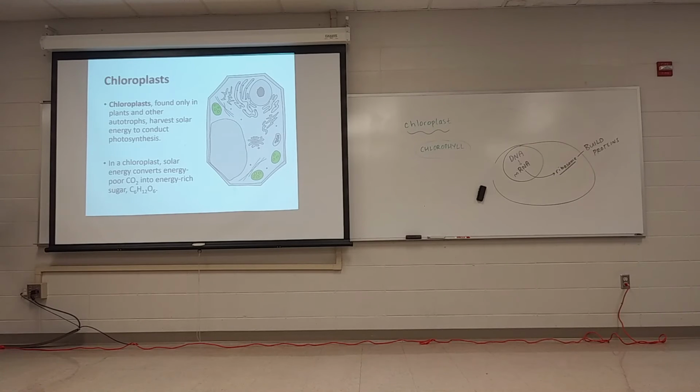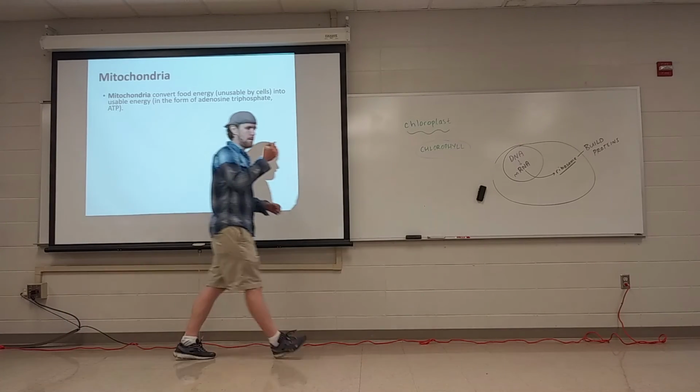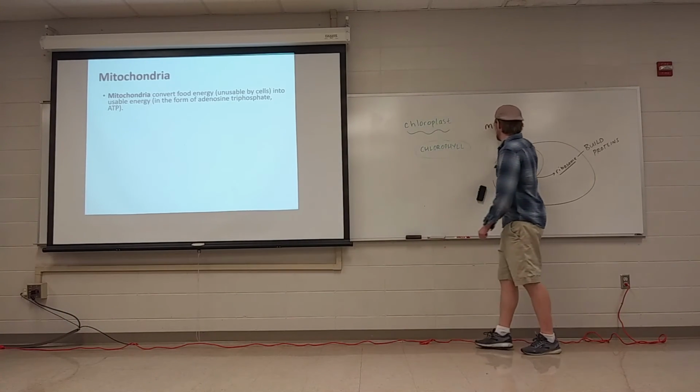So chloroplasts do photosynthesis. What organelle is necessary for cellular respiration? What organelle is needed to break apart food and harness the energy within? That would be the powerhouse of the cell, right? Mitochondria. Just so you're aware, mitochondria is actually a plural word.